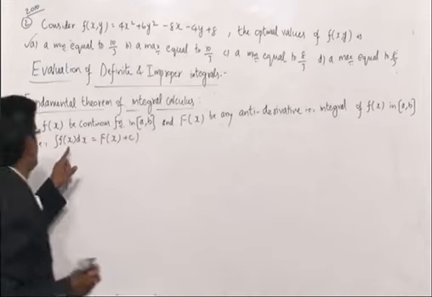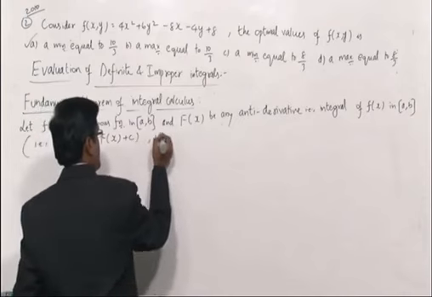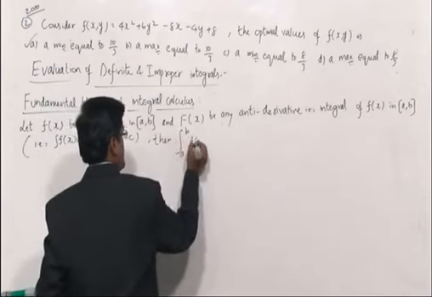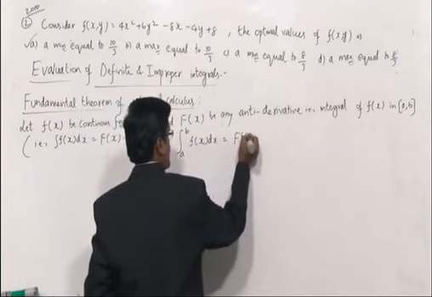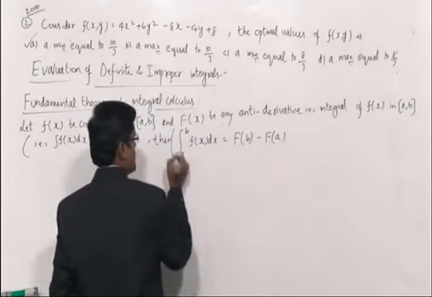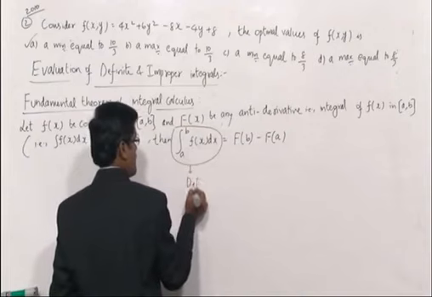Then integral a to b f of x dx is equal to capital F of b minus capital F of a. So this term is called definite integral.